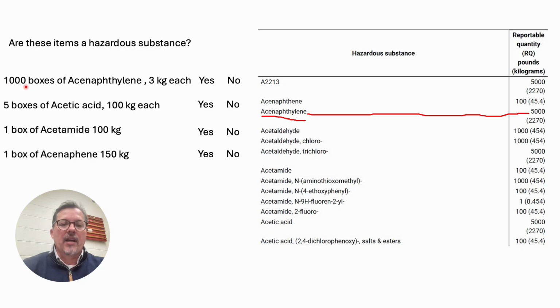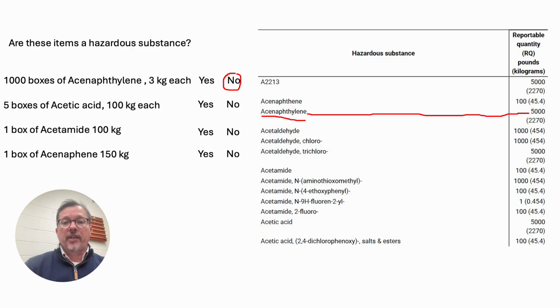The fact that we've got 1,000 boxes does not matter. It's only how much is in each package. So in this case, is this a hazardous substance? No, it is not, because I don't have one box that exceeds that 2,270 kilograms.